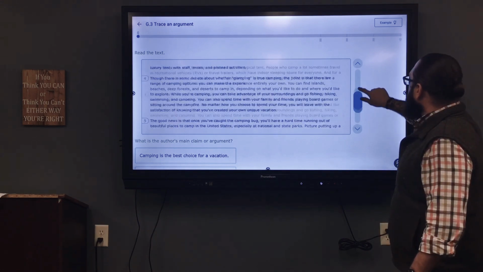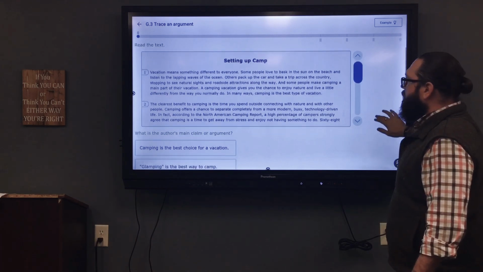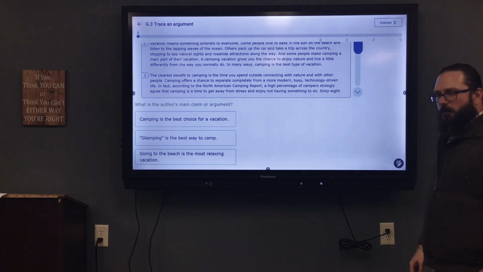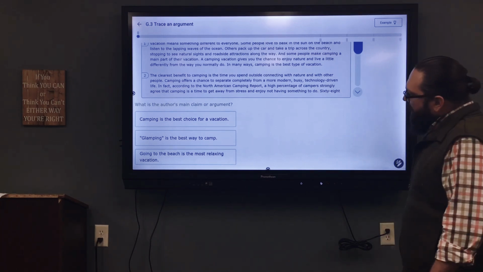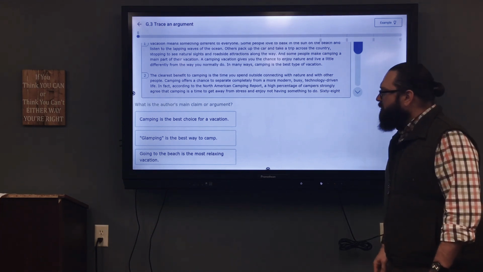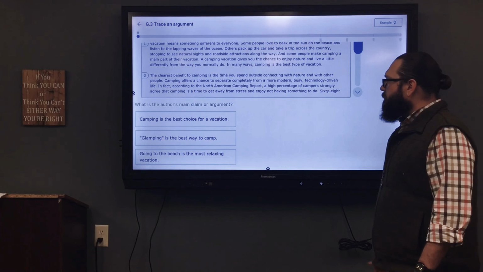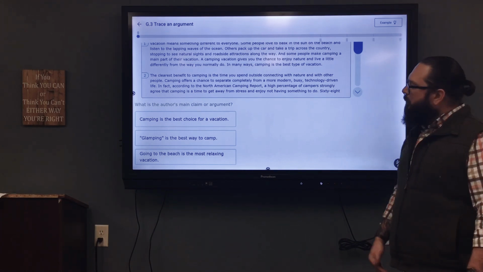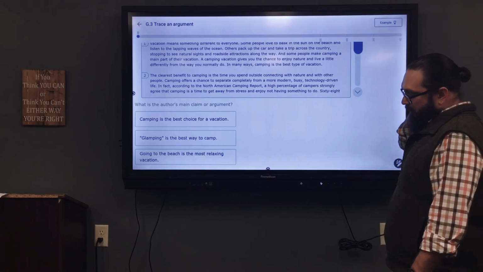Now, based on what we have just read, what is the author's main claim or argument? Is it camping is the best choice for a vacation? Glamping is the best way to camp? Or going to the beach is the most relaxing vacation? Well, let's see if we can rule some options out.